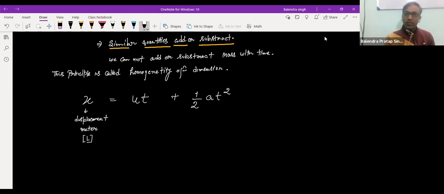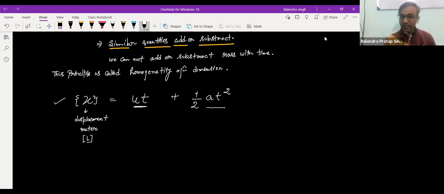So this principle says that all the terms in the equation must have the same unit or dimension as x on the left hand side. Here x has unit meter, so the term ut must have unit meter, and the term at square must have unit meter, so that these quantities can add.